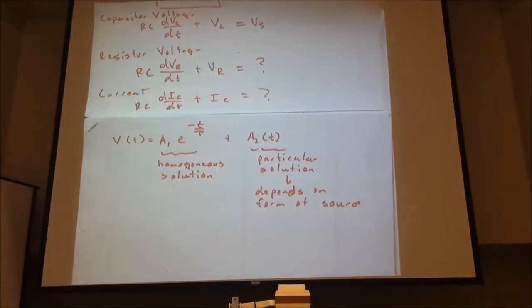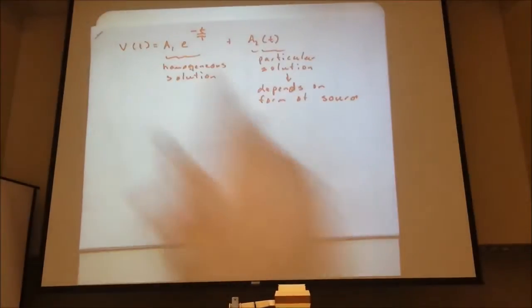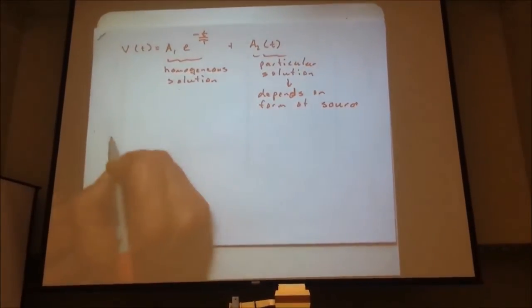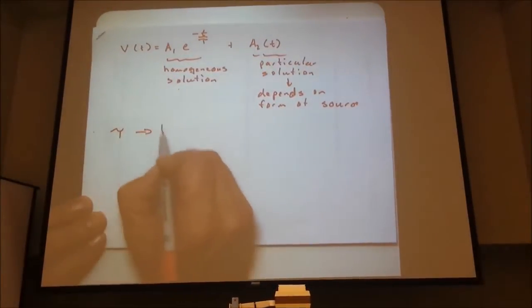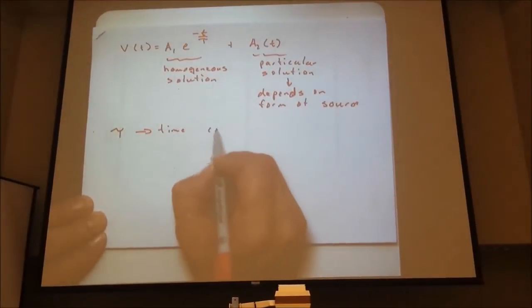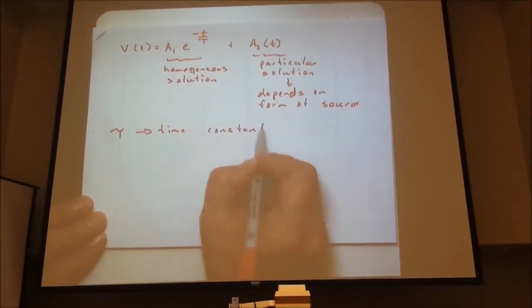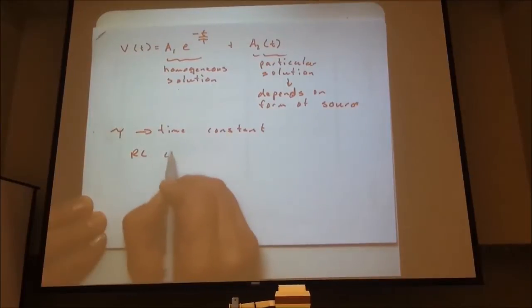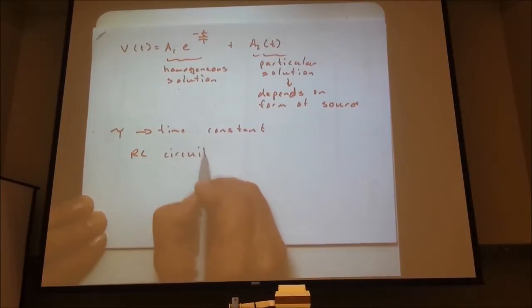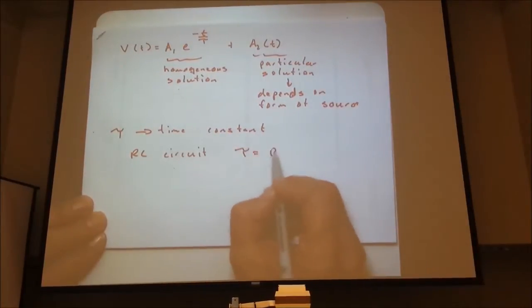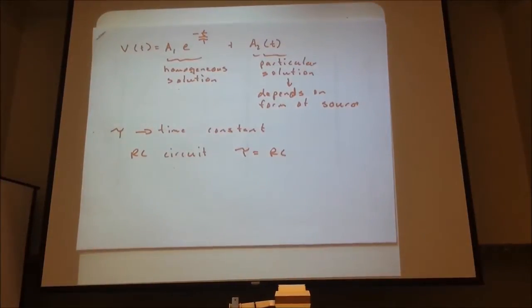This depends on the source form, and we saw that in last class. And just to use a little bit of notation here, tau is called the time constant. I left it a little bit general, but for the RC circuit, tau equals RC, and that's what we wrote in last class: minus t over RC.